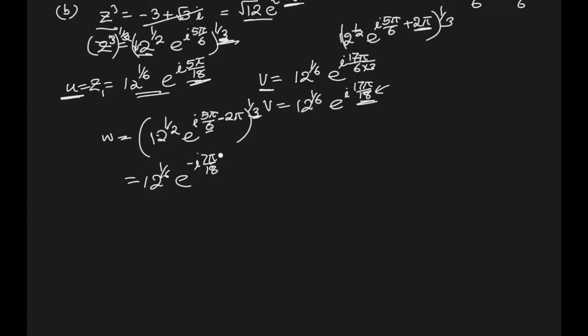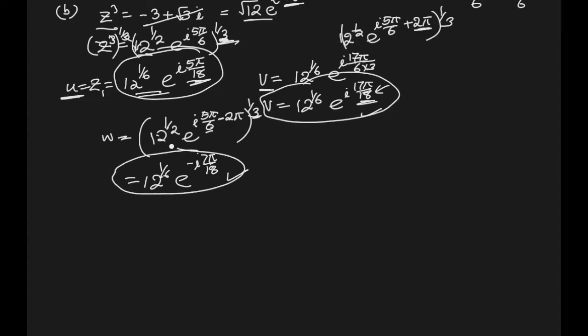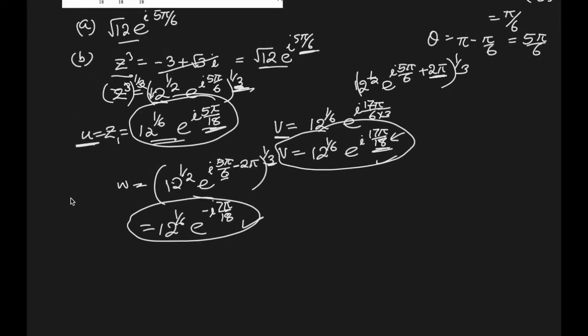And see, 7 pi over 18 is in the negative direction, which is all correct, right? Because they said theta is between minus pi and pi, and all three angles are there. So this is u, this is v, and this is w. We got all three. Let's see what is the next part.